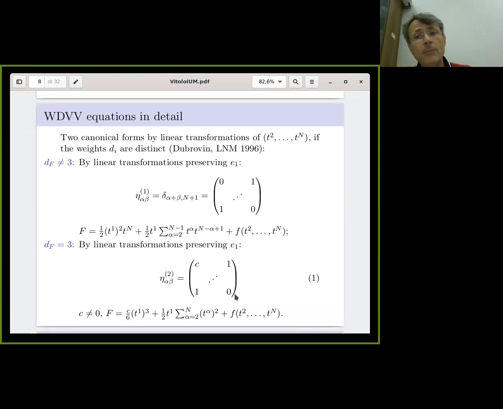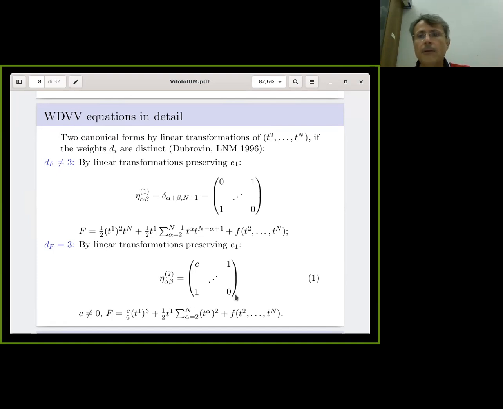This was already proved by Dubrovin, to be honest, in '96, because he provided a Lax pair, but he never thought about Hamiltonian structure for such equations, because the equations were written, okay, you will see it in 2 seconds, not in the traditional form under which Hamiltonian formalism was developed.